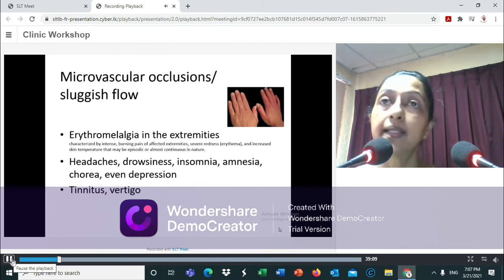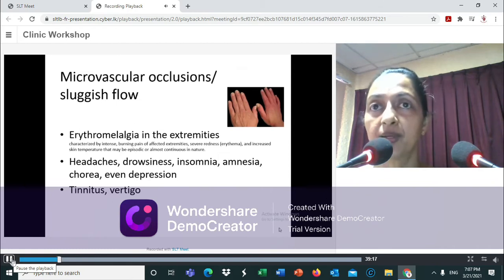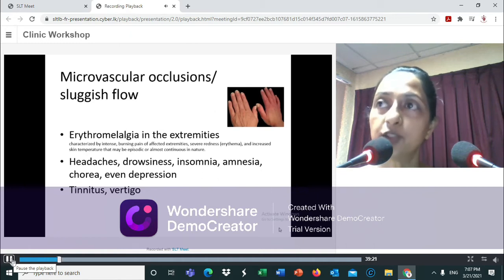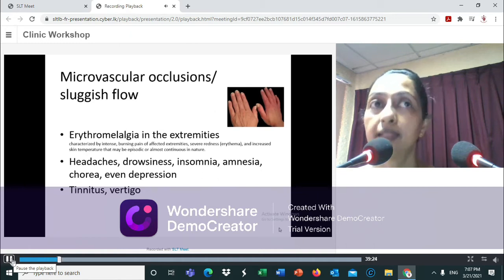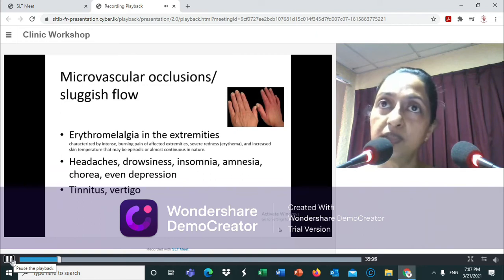They can also present with headaches, drowsiness, insomnia, amnesia, chorea, and even depression. These are due to poor circulation due to hyperviscosity. And they can also present to ENT units with tinnitus and vertigo. Right? So these are the different ways of presentation.